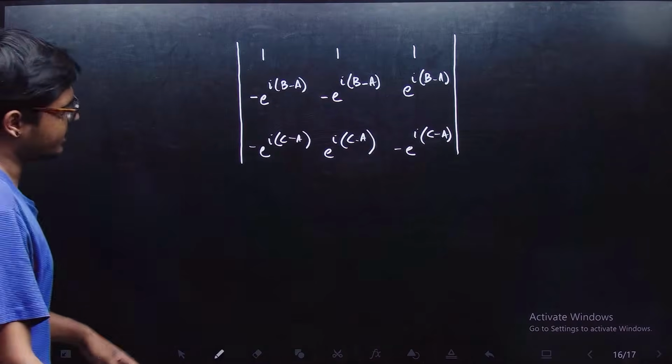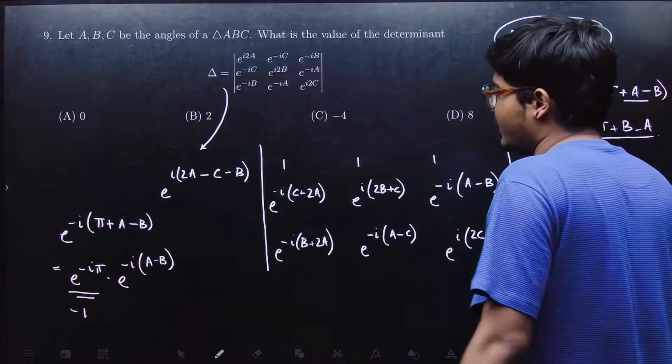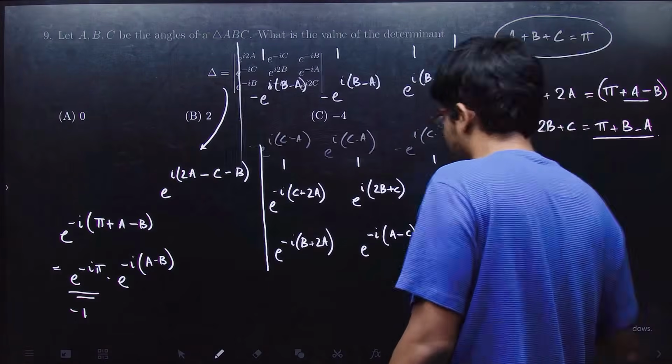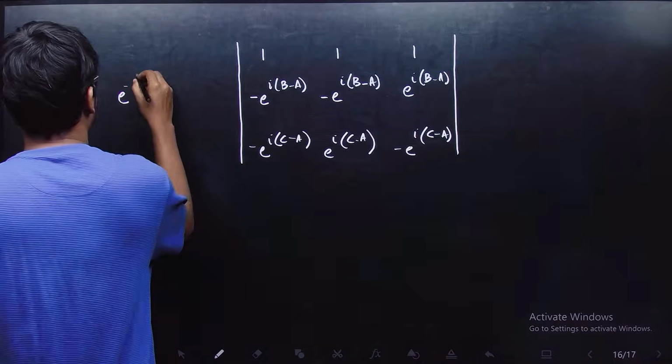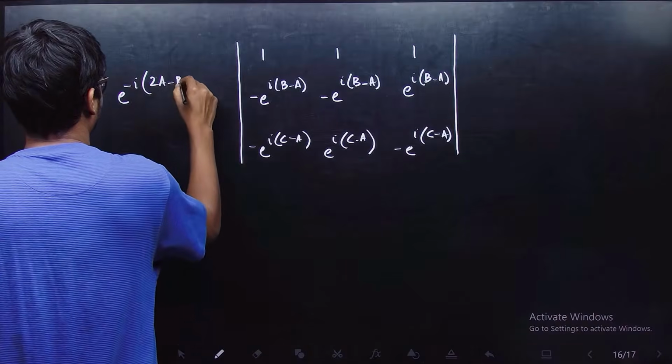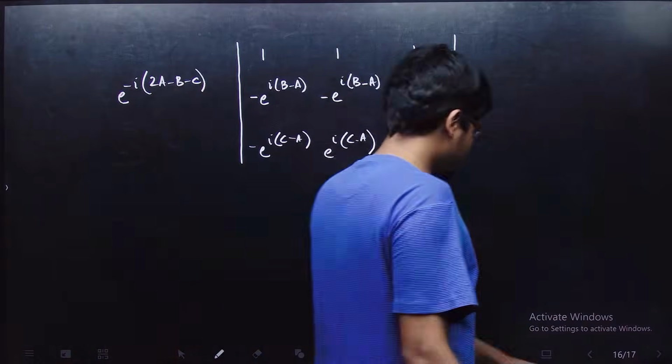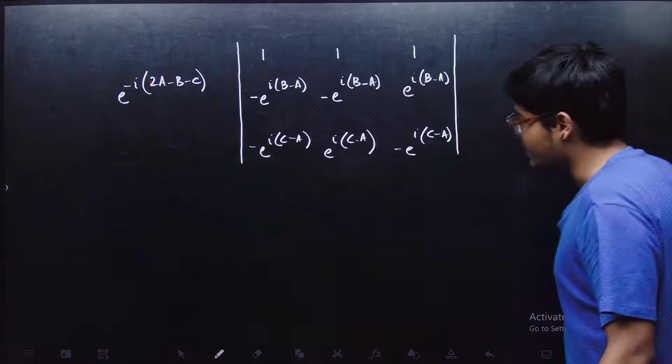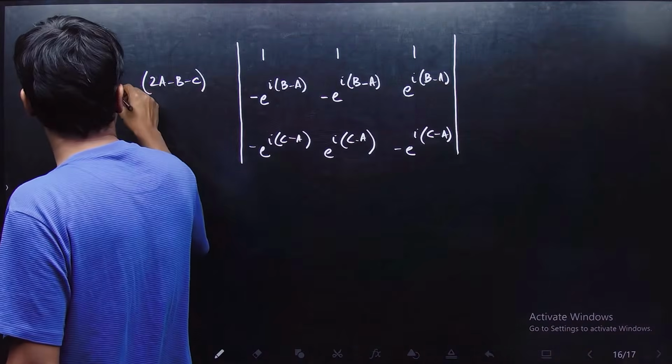And what was the term outside that you had? e to the power iota 2a minus b minus c. Clear? This is what we have. There'll be no minus, just e to the power iota times this.